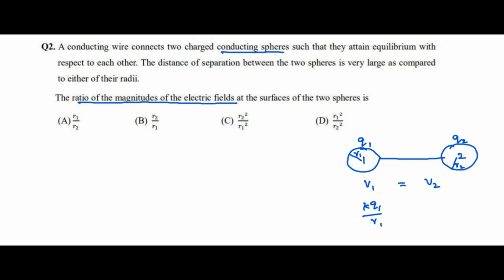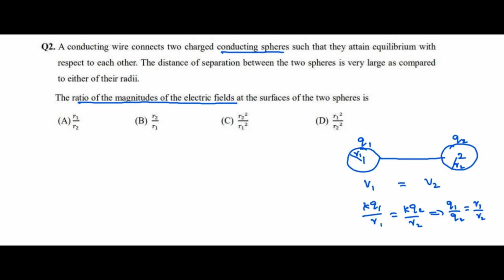K Q1 by R1 is equal to K Q2 by R2. From this we can write Q1 by Q2 is equal to R1 by R2. That means the charges are directly proportional to their radii.